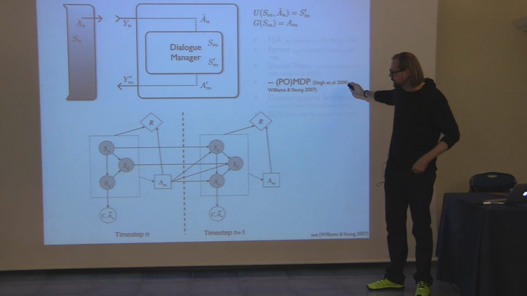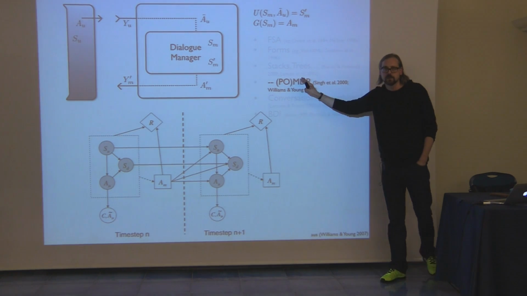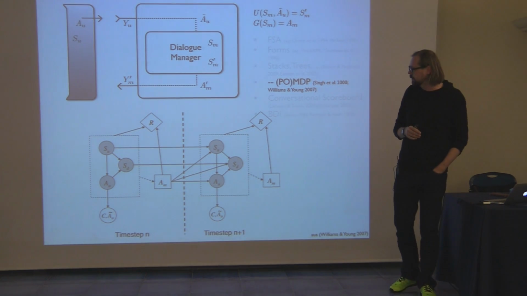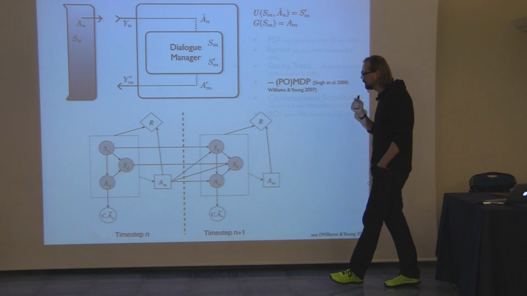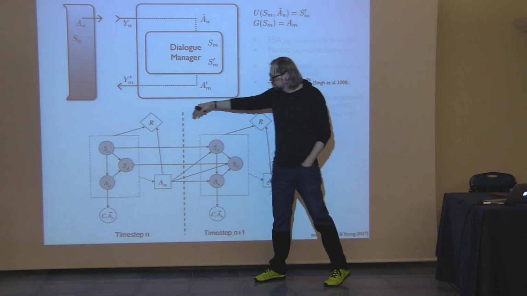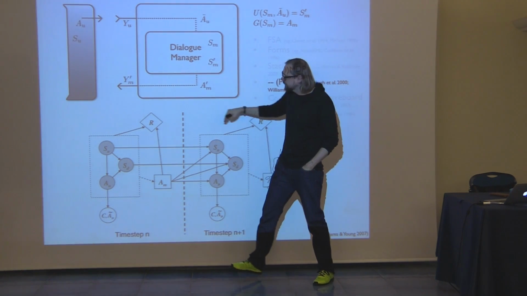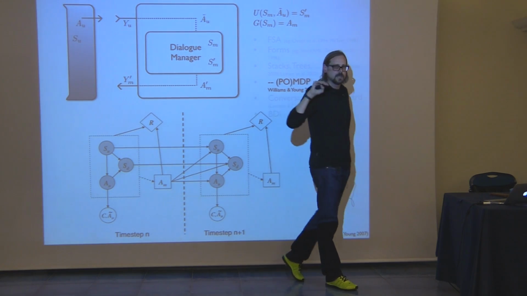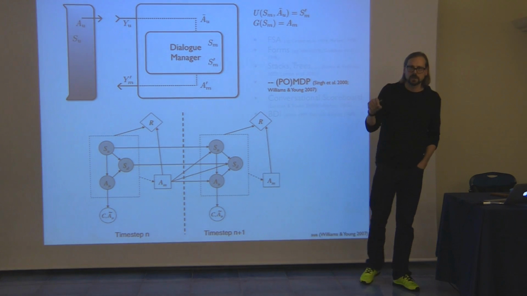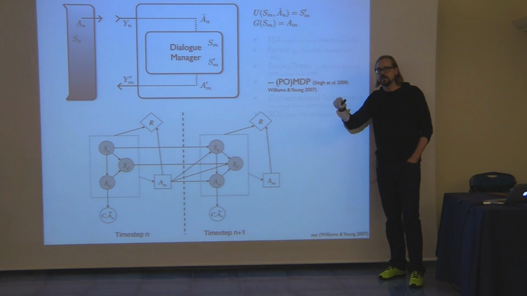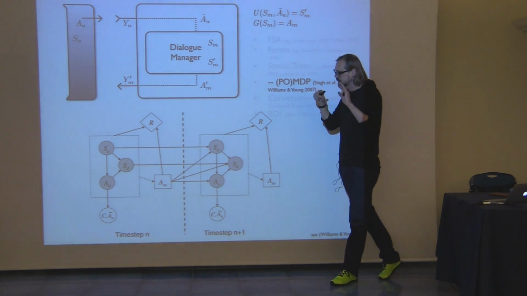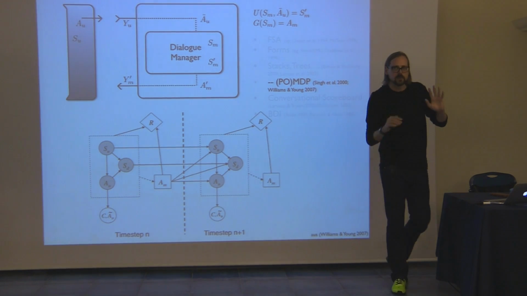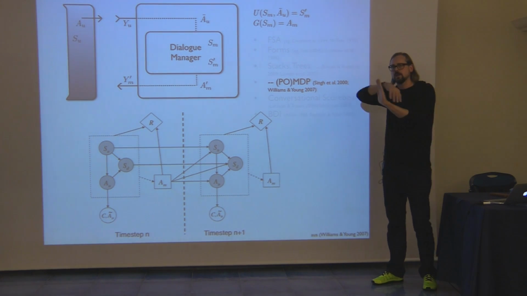A more recent approach is to use Markov decision processes, especially partially observable Markov decision processes, where you're modeling the transition from one state to the next. First of all, you're not making the assumption anymore that you actually know with certainty in which state the dialogue is in, but rather you model explicitly your uncertainty as a distribution over states, right?